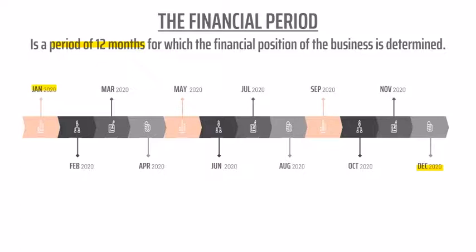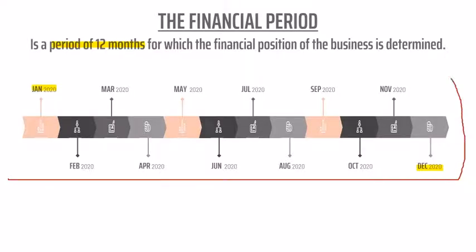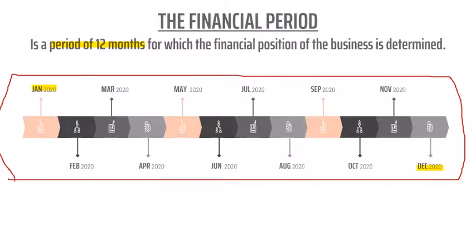Now, the reason why the financial period is so important is because we focus on these specific 12 months. And the golden rule is if something happened in these 12 months, it must be on the income statement for this year. If it didn't happen in these 12 months, then it shouldn't be on this year's income statement. If it happened before January 2020, then it should be in the previous year's financial statements.